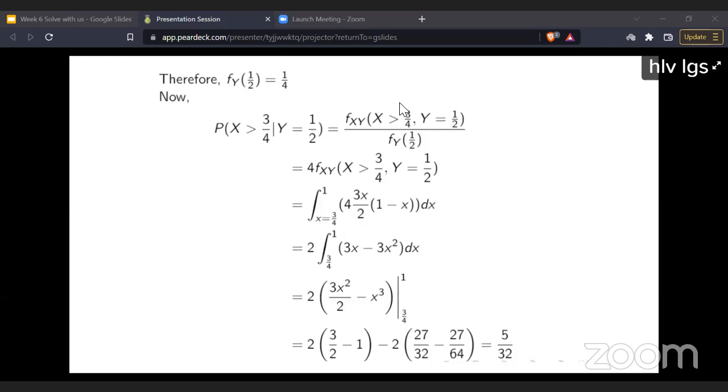I have one more doubt. In the denominator part, while we are calculating f_y at half, f_y is coming in terms of y, right? Yes. So that is a probability density, not a probability, because that is still a function.